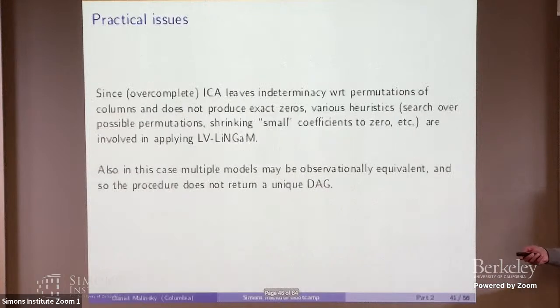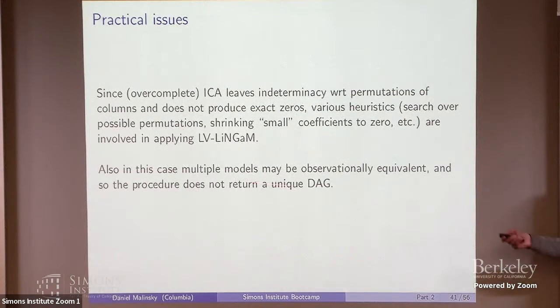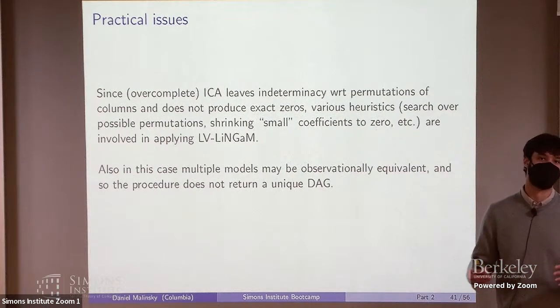So in the case of latent variable LiNGAM, you're going to return an equivalence class of DAGs, but it's not necessarily an equivalence class in the same sense that a CPDAG works.